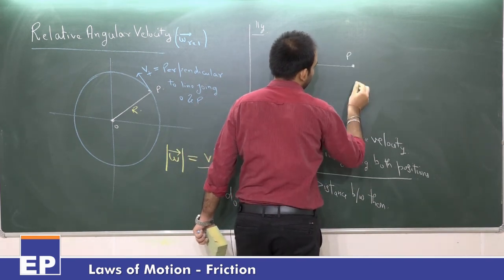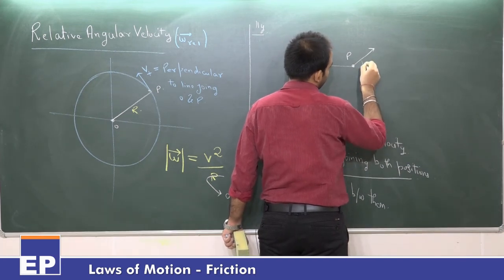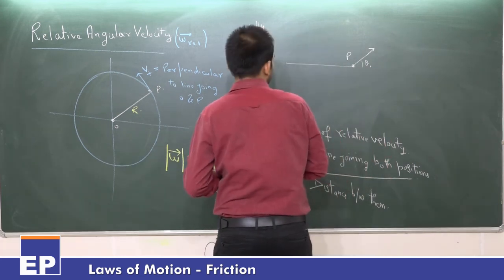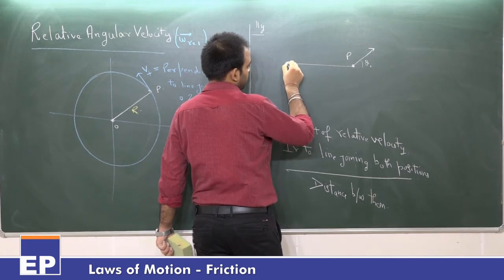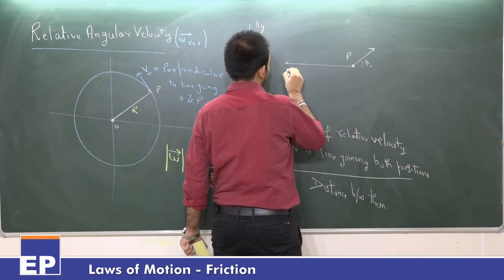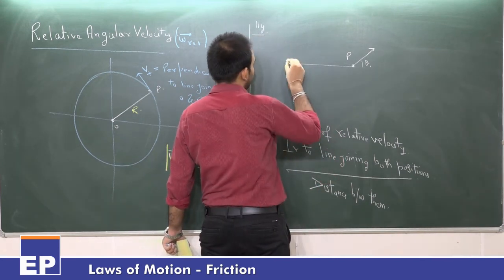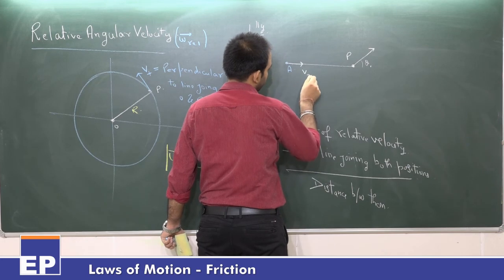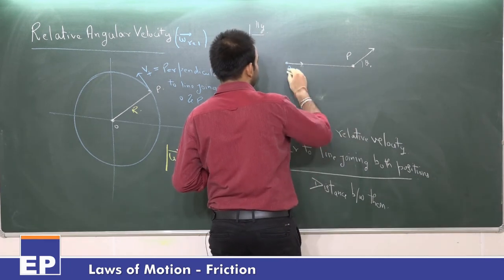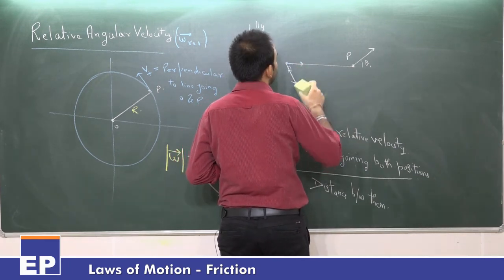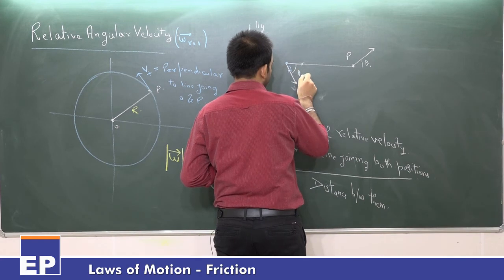This is the point P, which is moving in this direction with some angle theta 1, and you have to calculate with respect to point A. And A is moving in this direction with V2 at an angle theta 2.